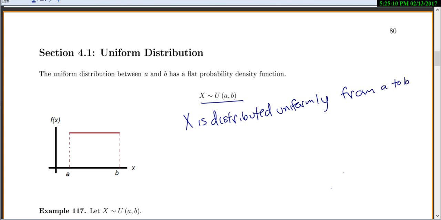Some things you might notice: probability is always the area under the curve, right? And the total area, or total probability, always has to be 1.